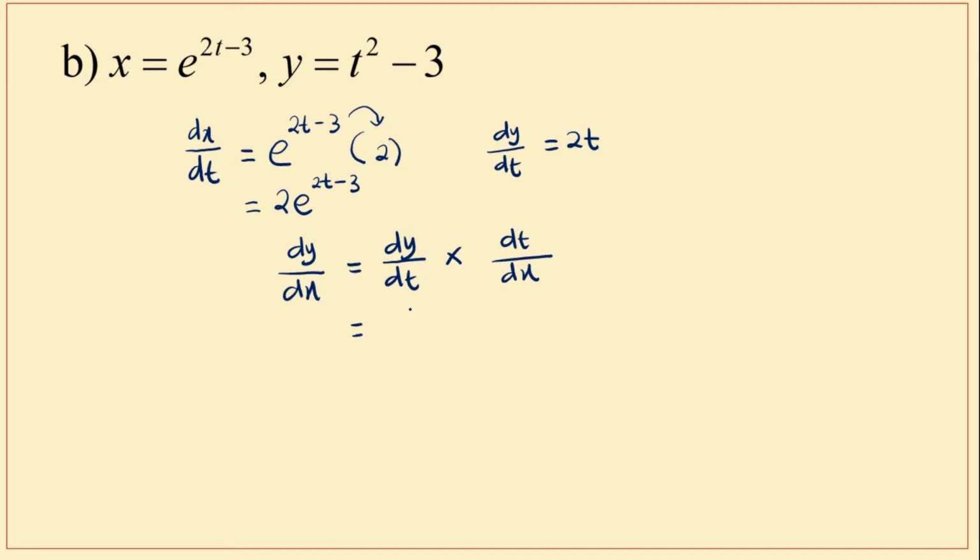Our dy over dt, which we already found, is 2t, times dt over dx. Once again, just flip your dx over dt equation, so you will get 1 over 2e to the power of 2t minus 3. For the 2, you can cancel out. That means your final answer here will be t divided by e to the power of 2t minus 3. And that is your final answer.